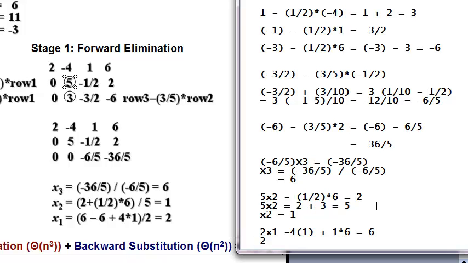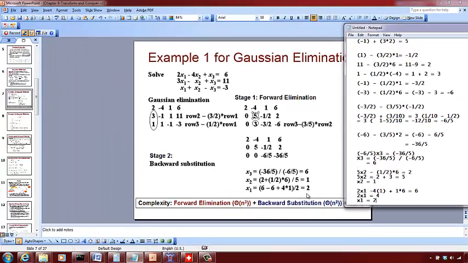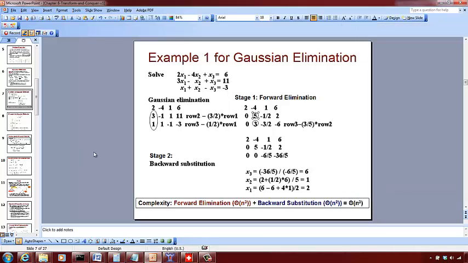So this makes it 2x1 equals 4, so x1 equals 2. So you can actually substitute back these three values for x1, x2 and x3 in all these equations, and you can make sure you get the right hand side values.